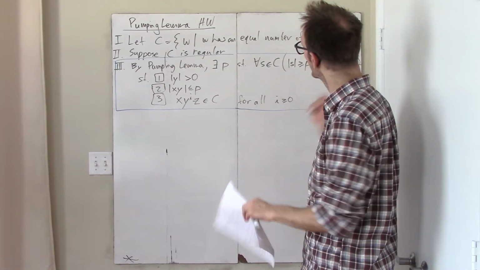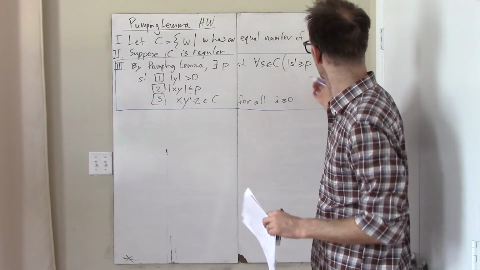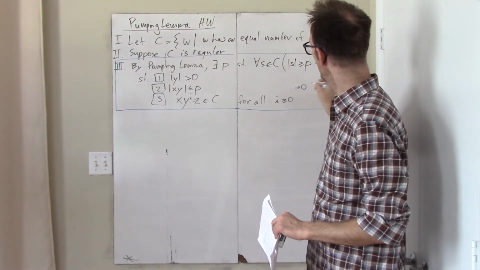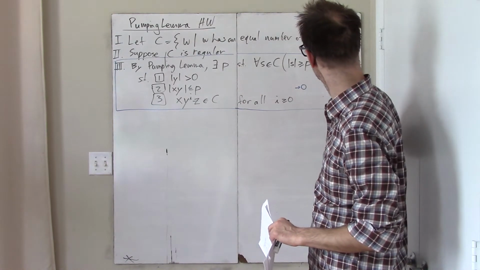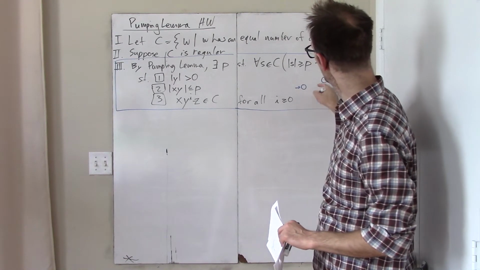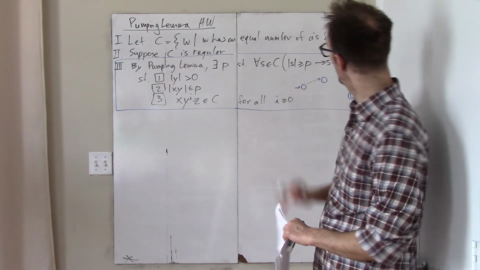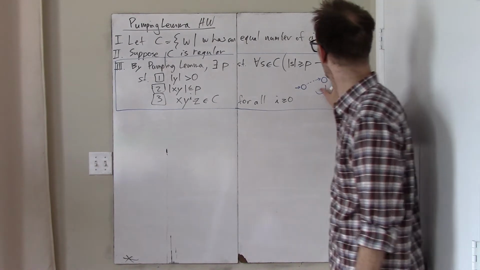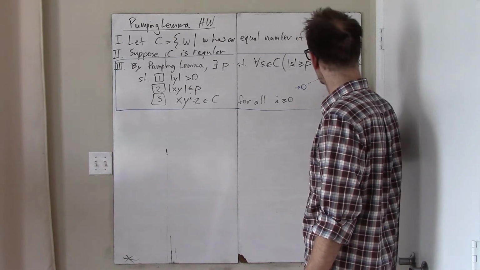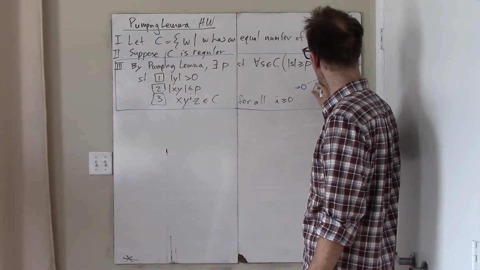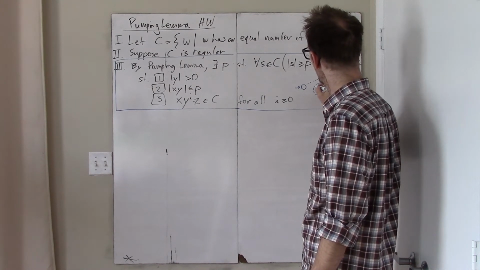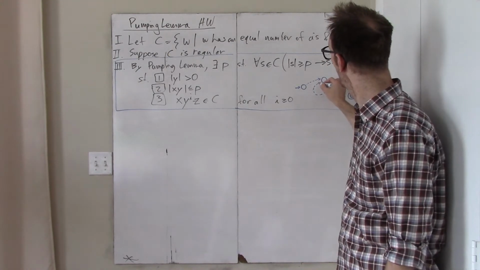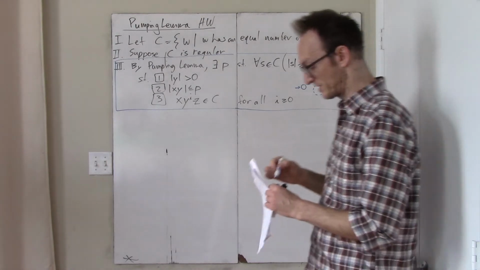So there's some start state, then there's some accept state, and there's some state which must get visited multiple times, and that must happen before p, because the machine only has p states. And so this is the general gist.